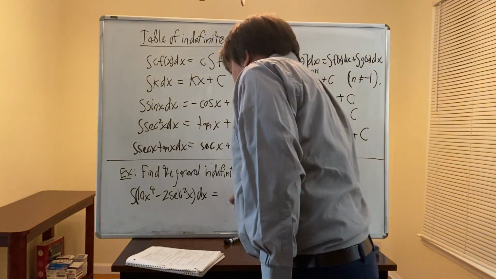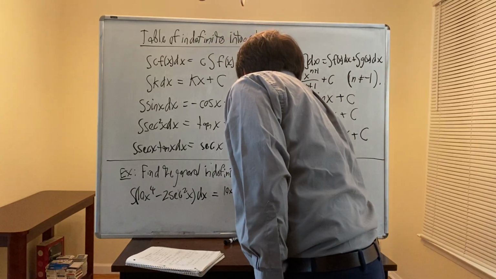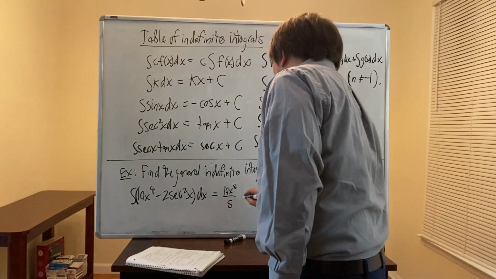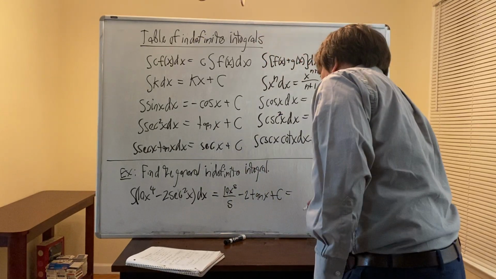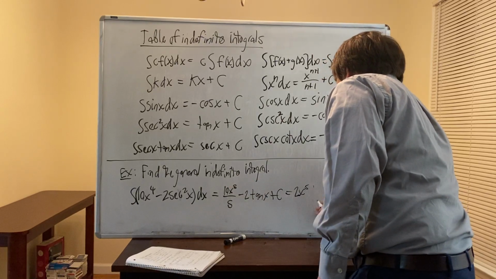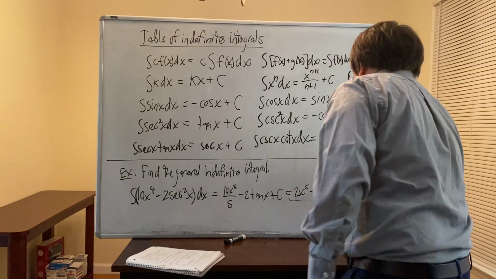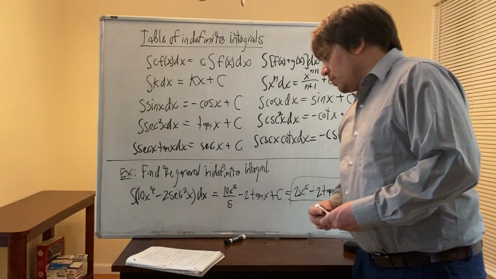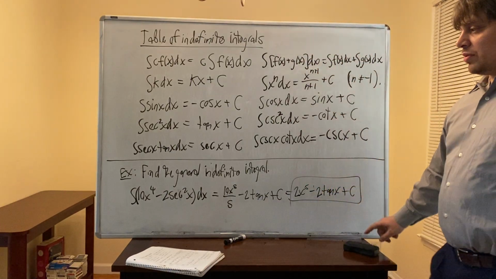Okay, and this is equal to 10x to the fifth divided by 5 minus 2 tan x plus c, or 10 over 5 is 2, so this is equal to 2x to the fifth minus 2 tan x plus c. That is the general indefinite integral of this.